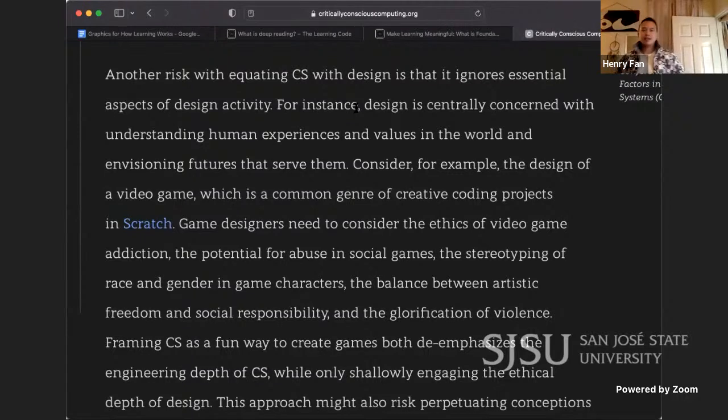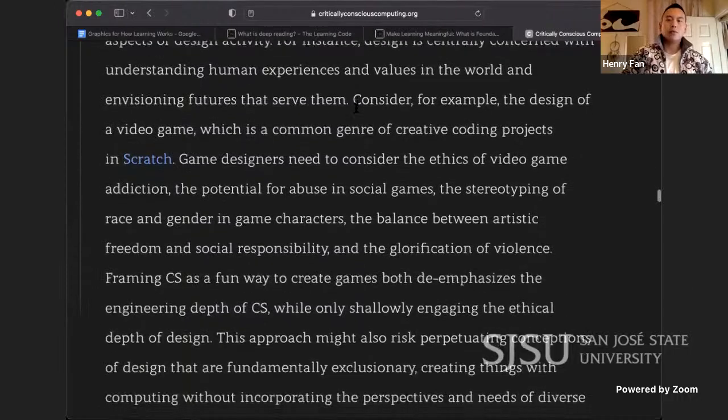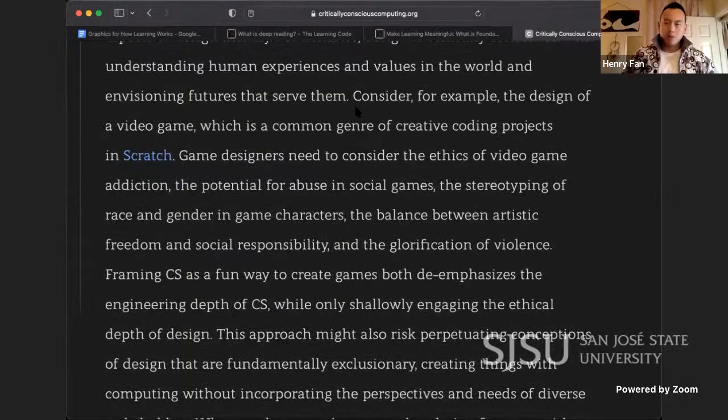Another risk with equating CS with design is that it ignores essential aspects of design activity. For example, design is centrally concerned with understanding human experiences and values in the world and envisioning futures that serve them. Consider, for example, the design of a video game, which is a common genre of creative coding projects in Scratch.